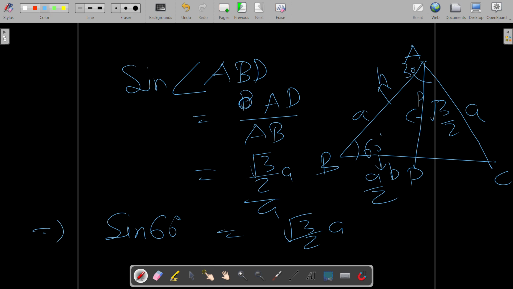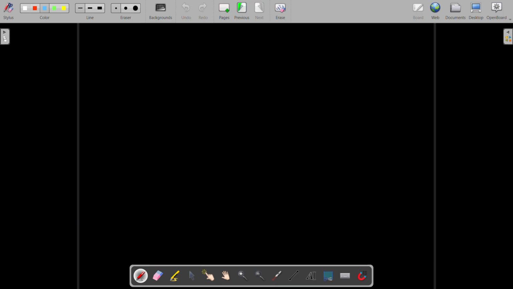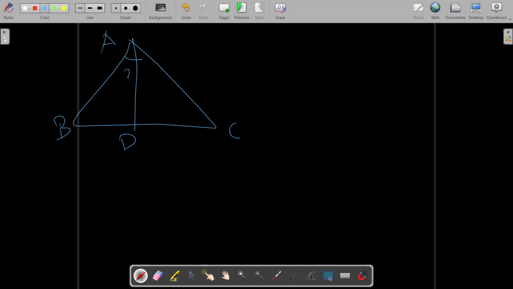Now this angle is 30 degrees. So this one will become the base, and this side will become the perpendicular. Let's draw another picture. We found that this angle BAD becomes 30 degrees for this triangle, and the value of BD is A by 2.